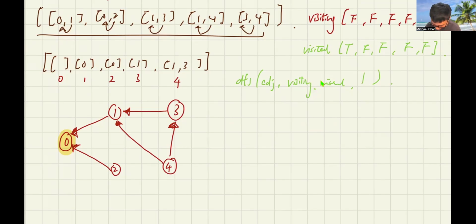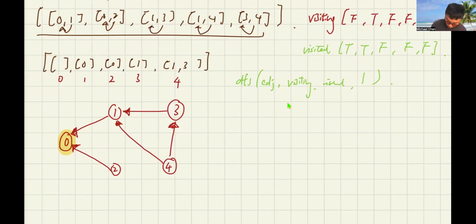Visiting current is false, so it just skips. If visited current, return true. No, it's false, so I don't return true. So now I will turn these two into trues, right?